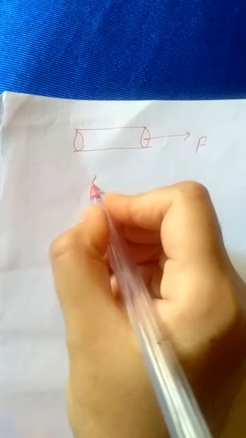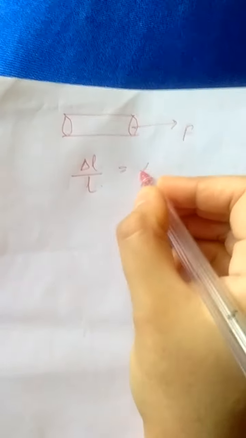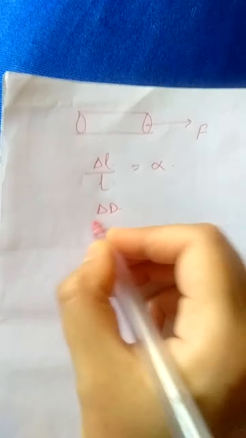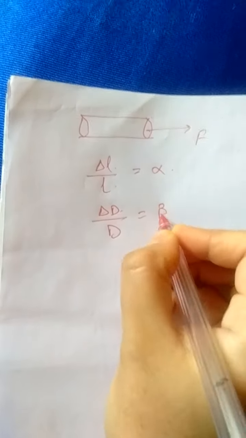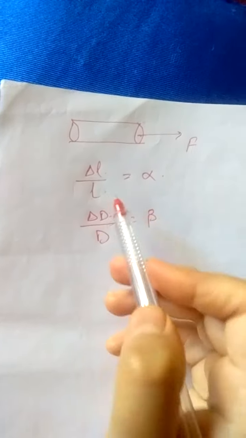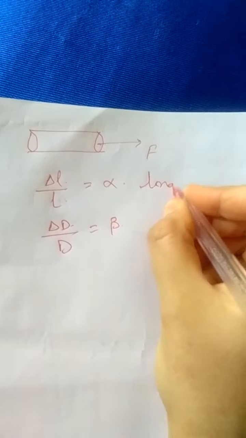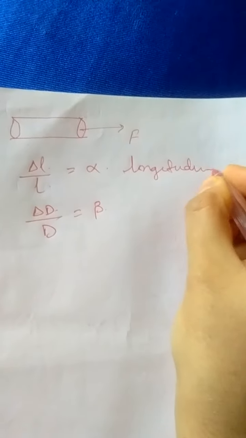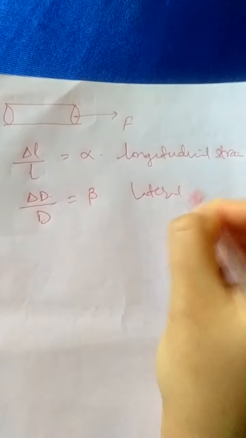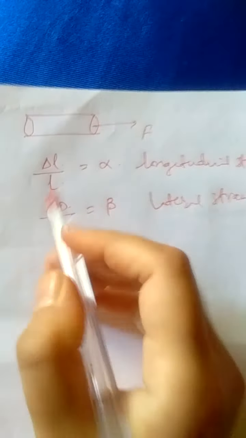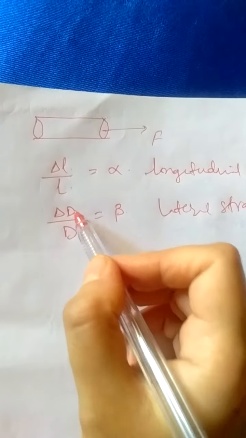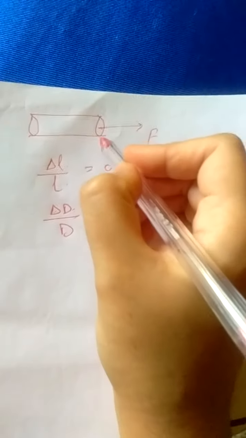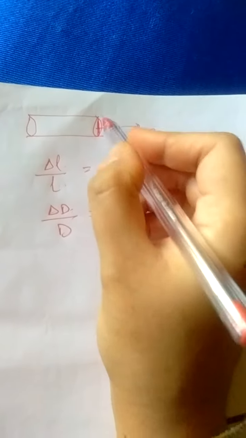So this change in length to original length is denoted by alpha, and this change in diameter to original diameter is denoted by another parameter beta. This is called as longitudinal strain, that you have already read, and this is called as lateral strain. The only difference is that this change is produced along the direction of force and this change is produced perpendicular to the direction of force, because this diameter is perpendicular to the direction of force.